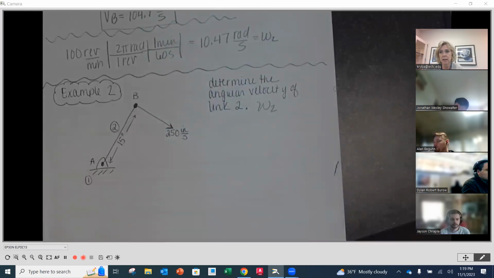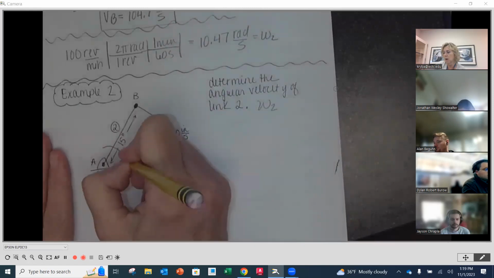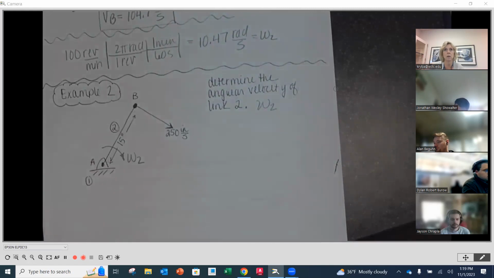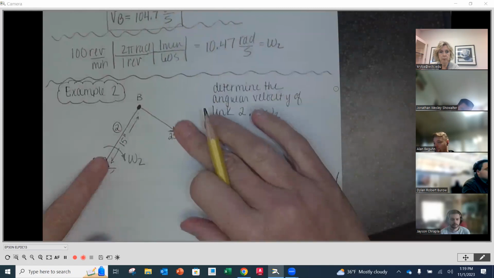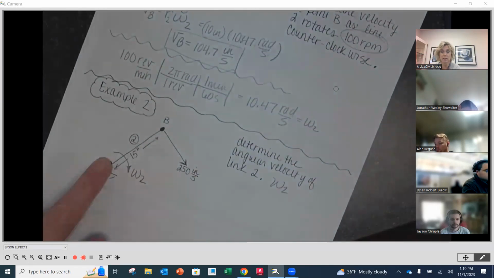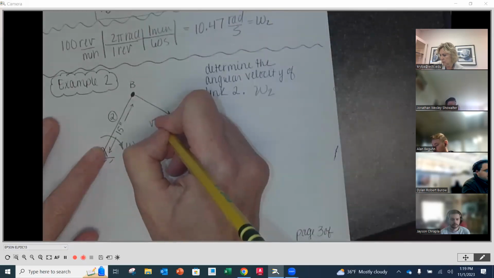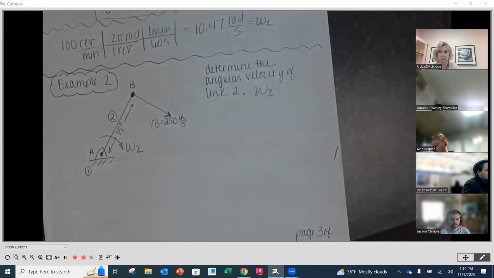If the velocity at B is going down and to the left, do you see how my angular velocity of link number 2 has to go clockwise? Right? Because if I put my finger here and I pull in this direction, that's the way that the rotation is going to go. So you could do that as well. Okay. And this is equal to VB. So if you want to add that.